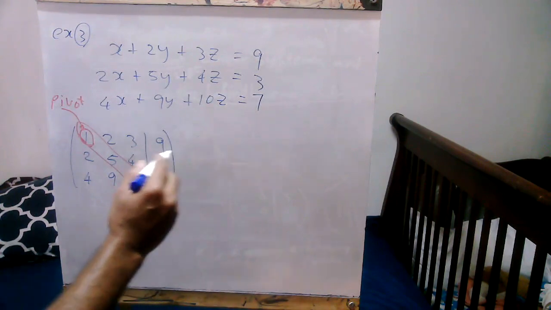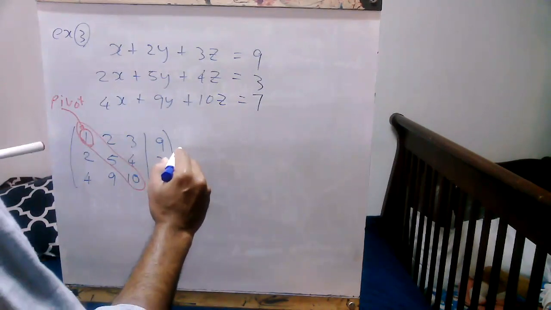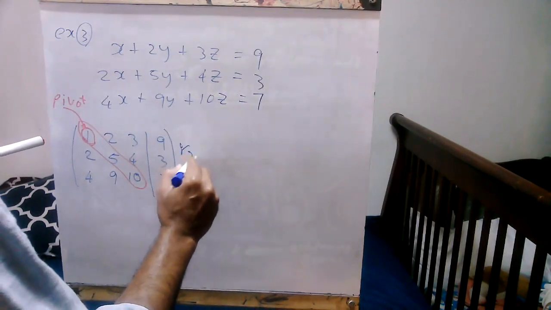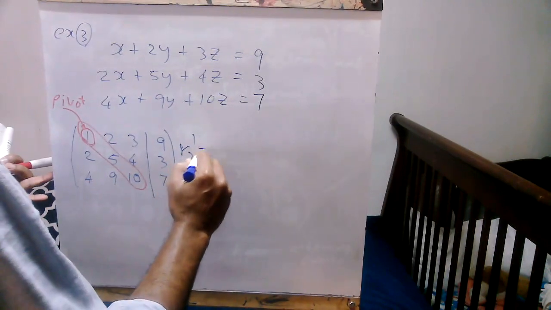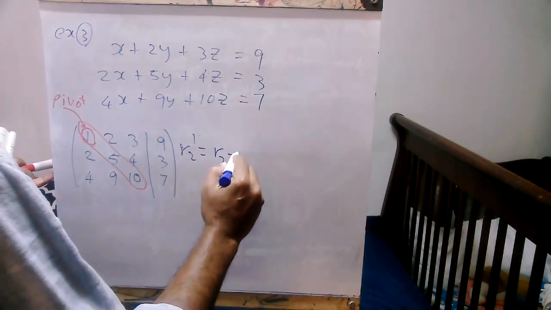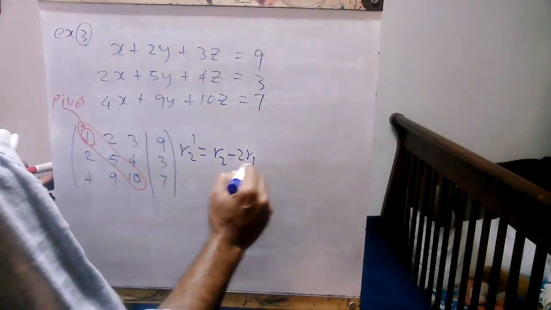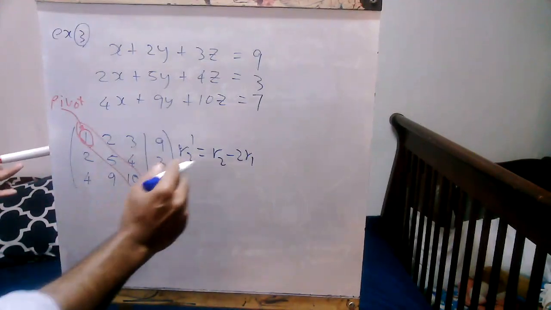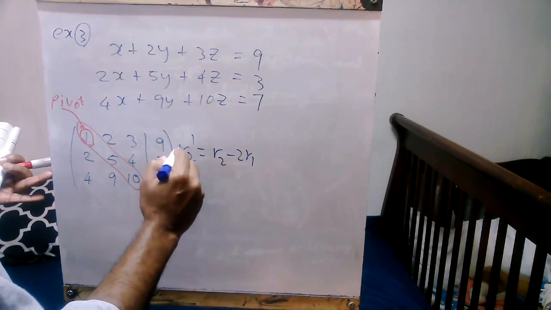For that we can do R2 prime equals R2 minus 2R1. Now you might be familiar with this.